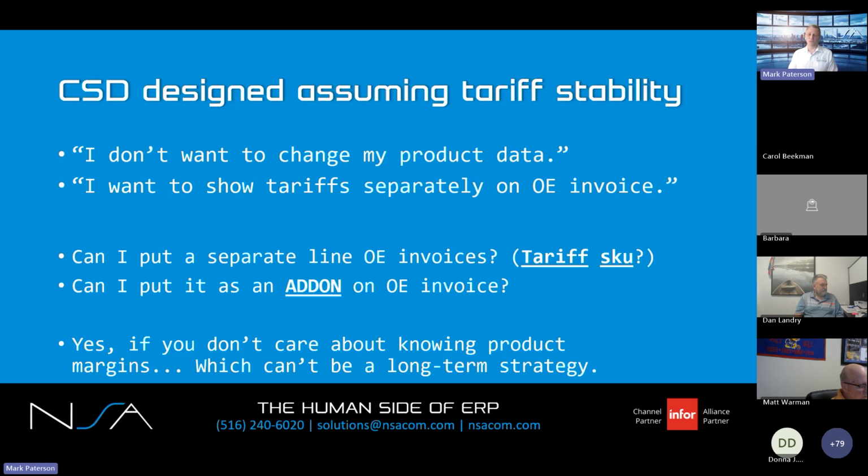This is what's been coming our way. Typically, by the time we get off a call with a client, they've realized this is something we have to track properly. Putting it as an add-on is a very temporary solution, but it messes up your margins per product. Creating separate SKUs does about the same thing. Usually they realize that's not going to work too well in the long term. It may get you through the short term, but the true CSD functionality is that you've got to change your product data.